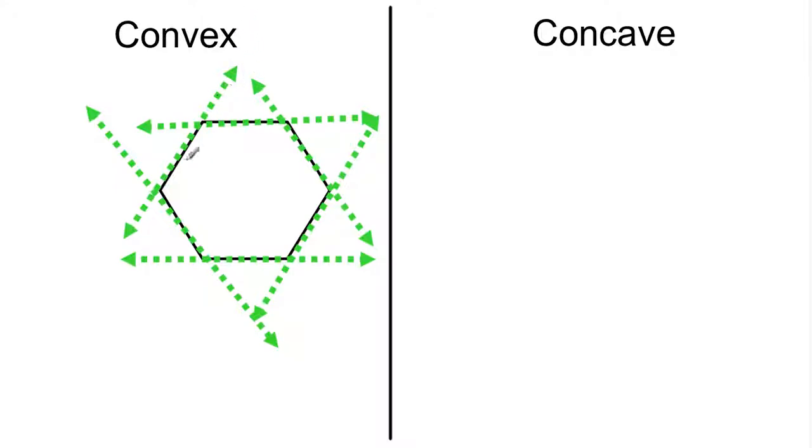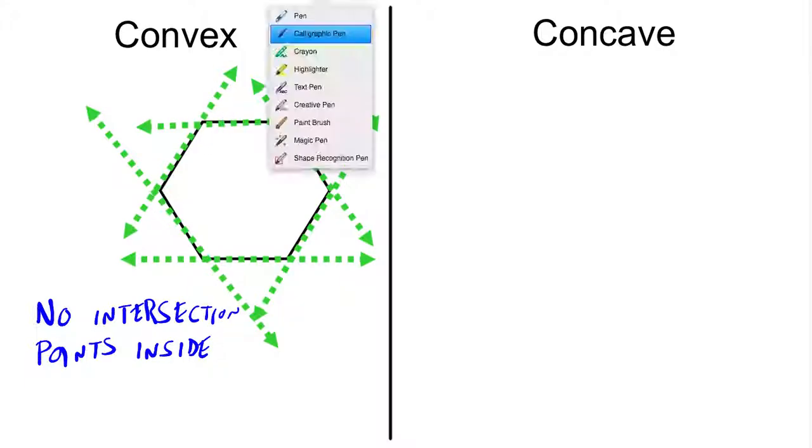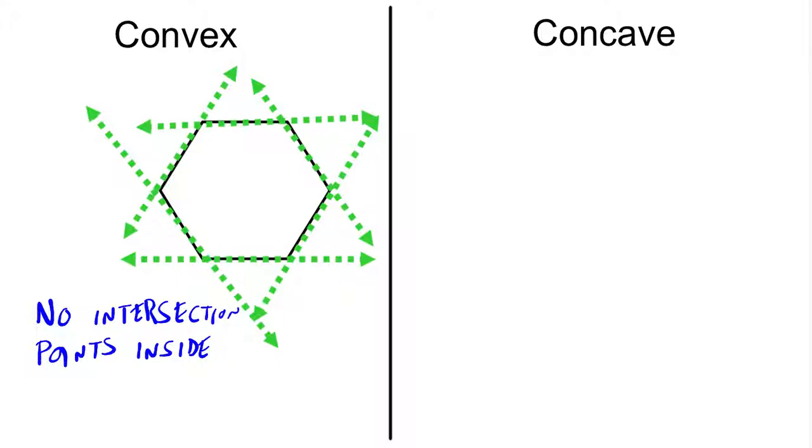So if there are no intersection points inside, that means it is a convex polygon, much in the same way a convex mirror pops out.